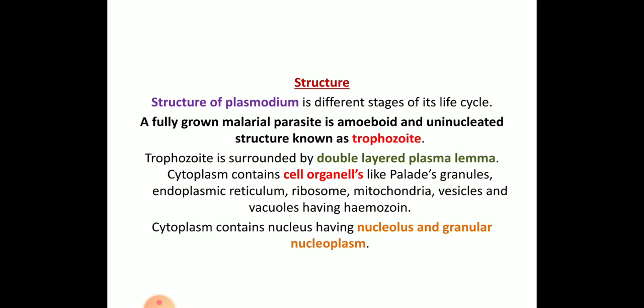The structure of Plasmodium has different stages, and they differ from one stage to another. The fully grown malarial parasite is amoeboid and uninucleated. It is also called the trophozoite, the mature form. The trophozoite is surrounded by a double-layered plasma membrane, and the cytoplasm contains different cell organelles: granules, ER, ribosomes, mitochondria, vesicles and vacuoles.